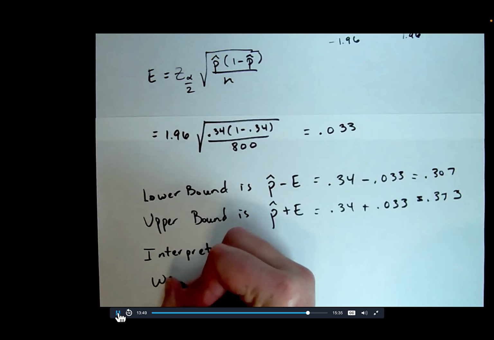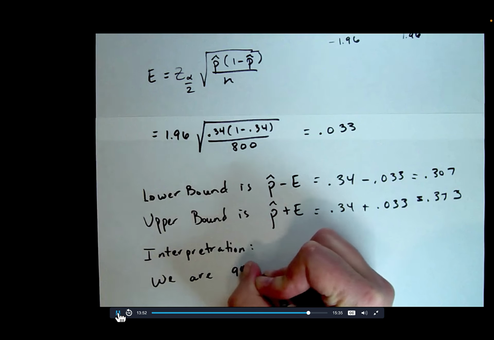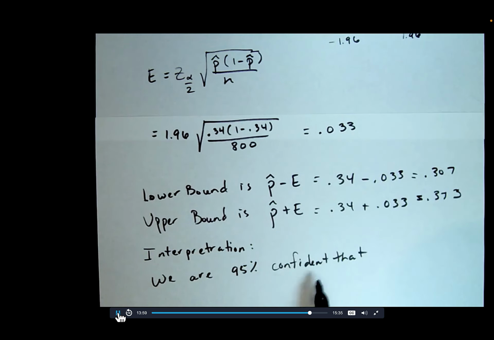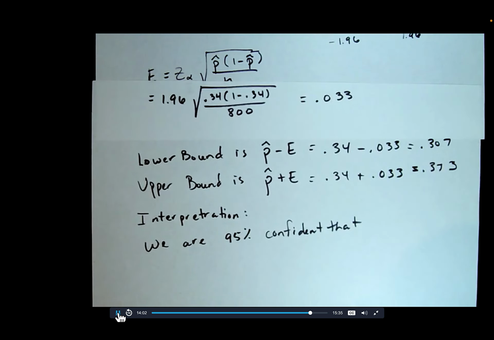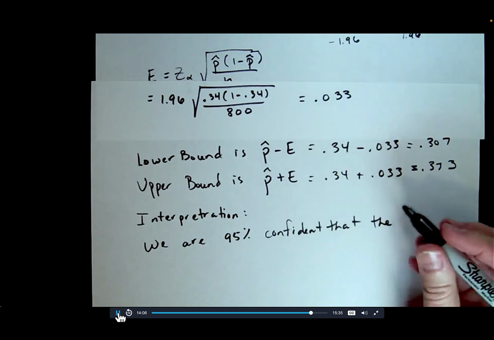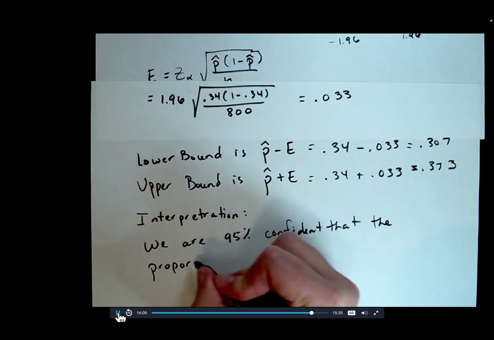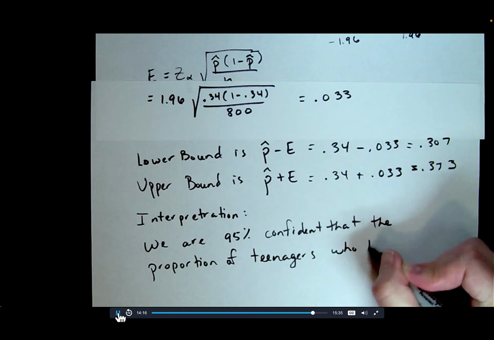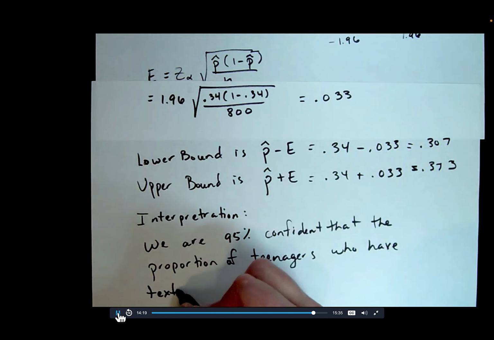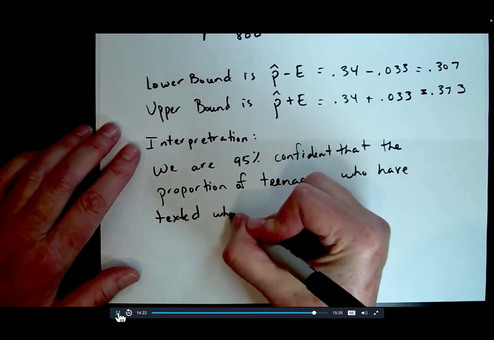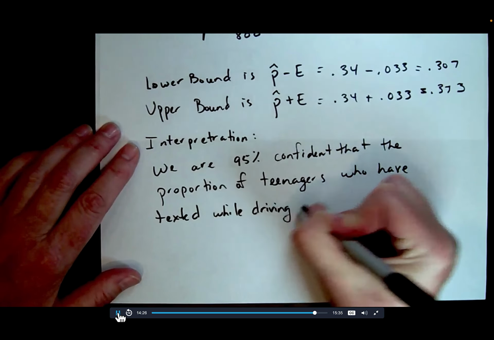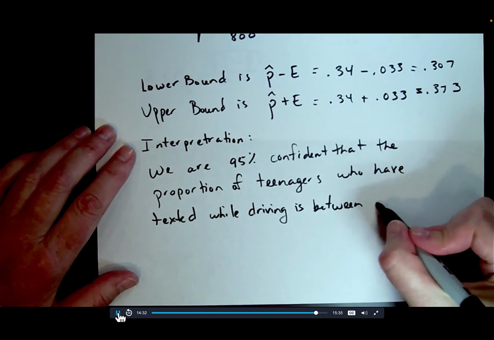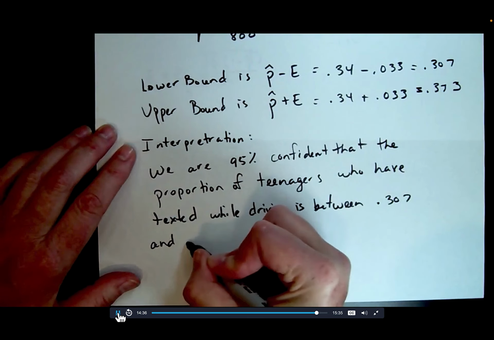So, interpretation of what we've just done: we are 95% confident, with that weird definition of confidence, that the proportion of teenagers who have texted while driving is between 0.307 and 0.373.